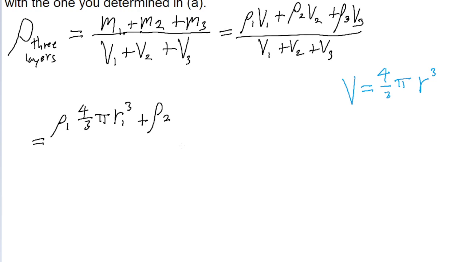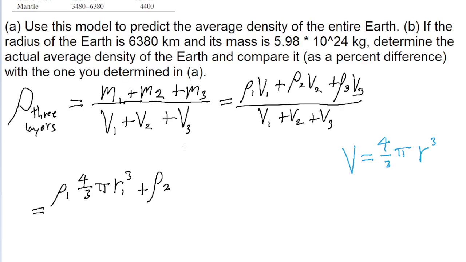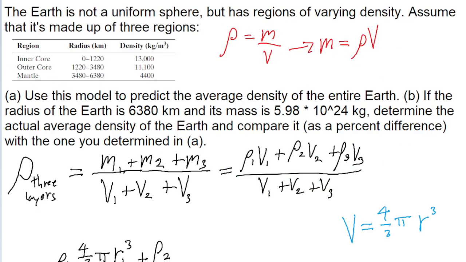And then this is where things might get a little tricky. Be careful here. Because even though we do have an r sub 2, we do have the radius for the outer core, we only have the distance. Remember that in this problem, we're looking at multiple layers of the Earth. So if we're looking for just the volume of the outer core, we don't want to just use the sphere formula straight, because that'll give us the volume of the inner core as well, which we don't want. We only want the volume of the next outer layer.